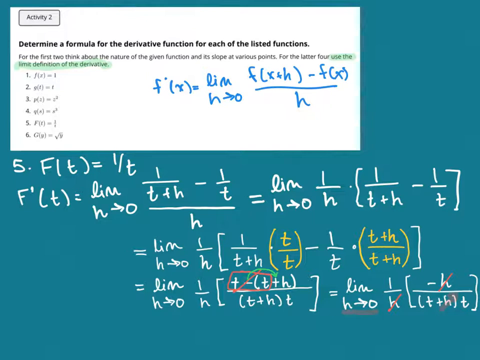What do I have but negative 1 in the numerator and t plus 0 times t in the denominator, that is negative 1 over t squared. All right, so there's our joyous final answer, right? This function f prime of t is equal to negative 1 over t squared.